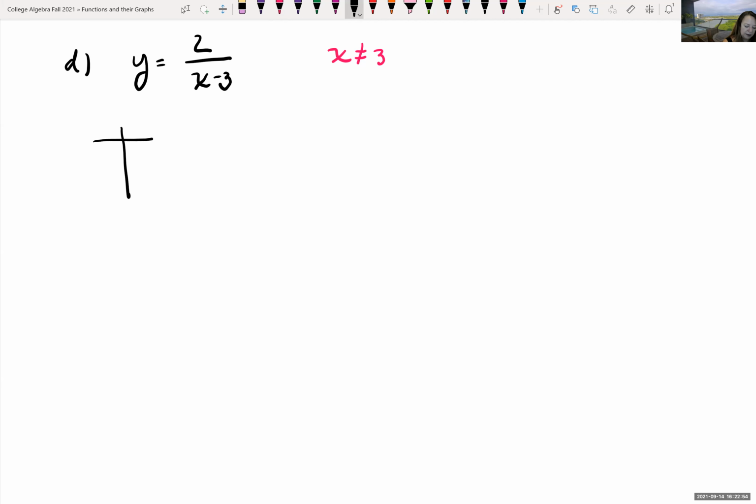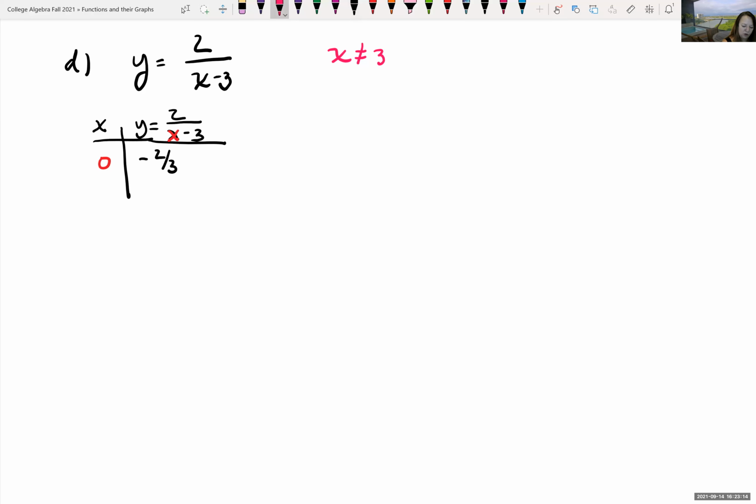Again, if I start plotting points, I can't see any value of x in here that would give me back more than one value for y. So if I plug in 0 for x, I would get 2 over -3 or -2/3.